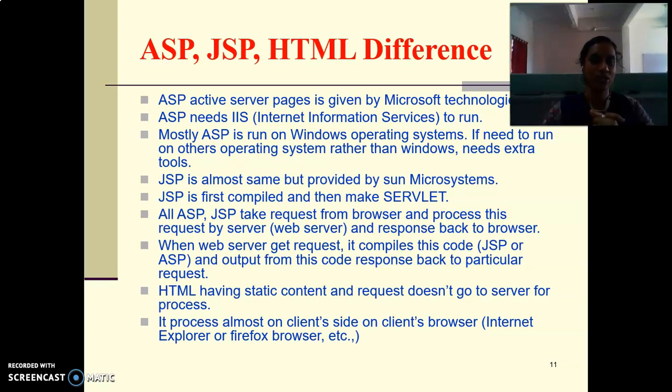These are actually old technologies. We are just giving you a brief review of what existed before JSP; you should also have a little knowledge. ASP mostly runs on the Windows operating system, and it is possible to run it on other operating systems too, but it needs some extra tools. JSP is almost the same but provided by Sun Microsystems.